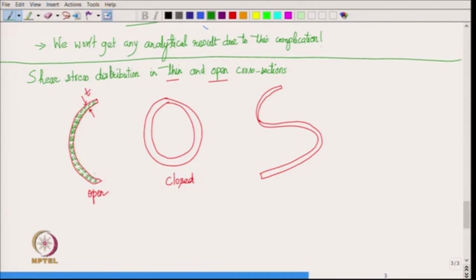And then it is going to flow from one end of the cross section to the other end. If it is a closed cross section, that is no more going to hold.